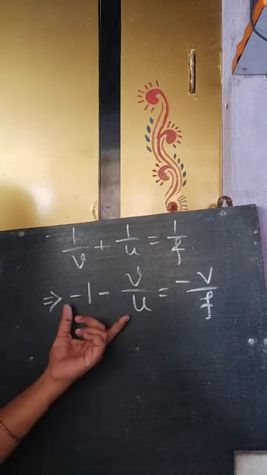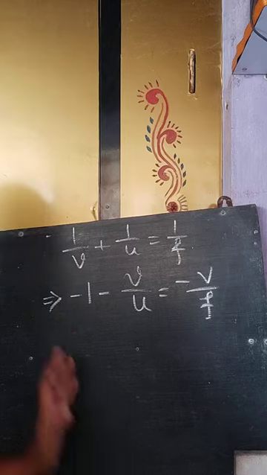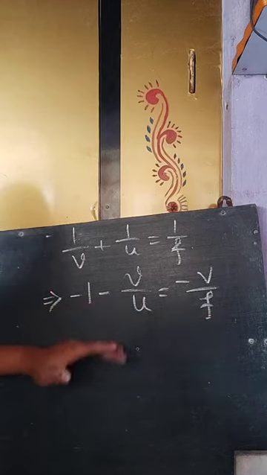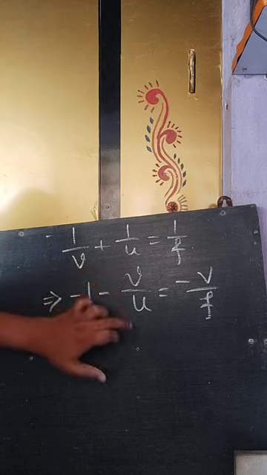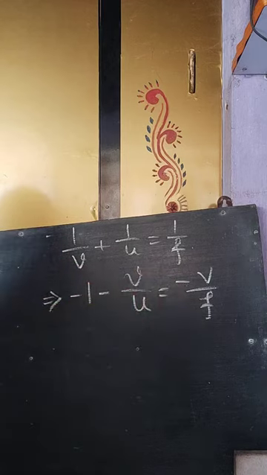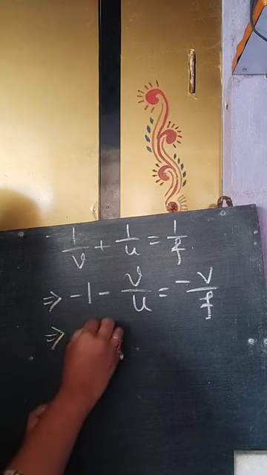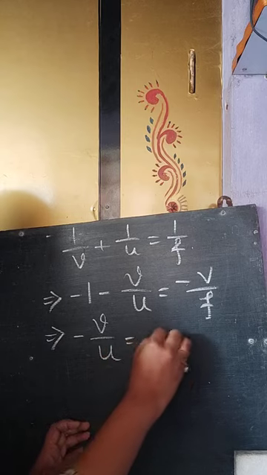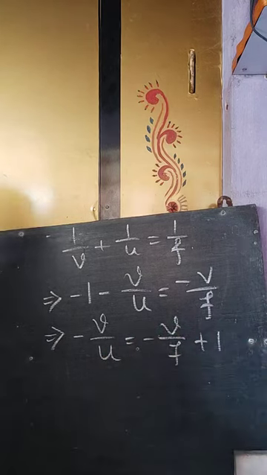I am multiplying both sides by minus v. So it will be minus 1, minus v by u, minus v by f, right? So therefore, what will be minus v by u plus 1?